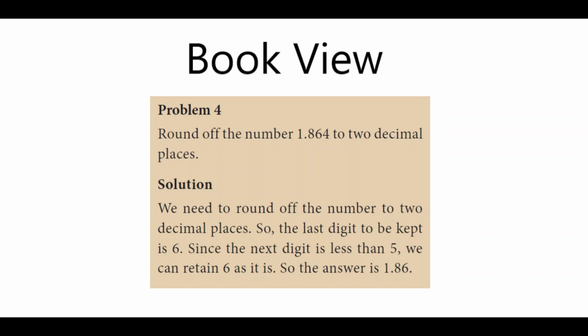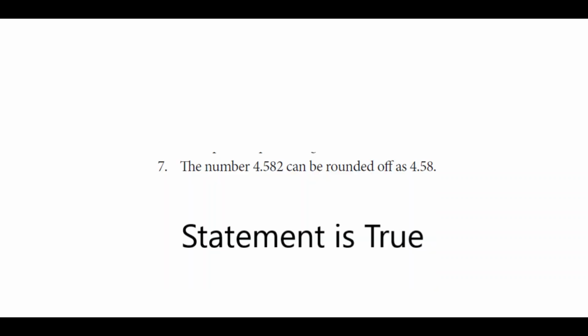Since the next digit is less than 5, we can retain 6 as it is. So the answer is 1.86. Likewise, in this question, we have to see the last two decimal places 5 8, and after that comes the number 2, which is less than 5, so it can be rounded off to 4.58. So the statement is true.